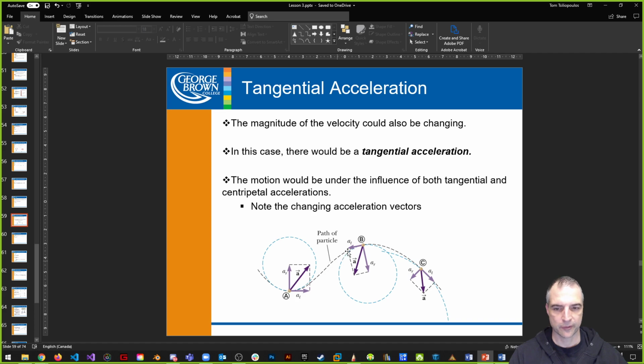So here's the path of the particle as an example, and you can see that the tangential acceleration is going to be tangent to the curve, pointing in the direction that it's going. So if I have an acceleration into the circle, the radius, this is centripetal acceleration, then I have tangential acceleration.